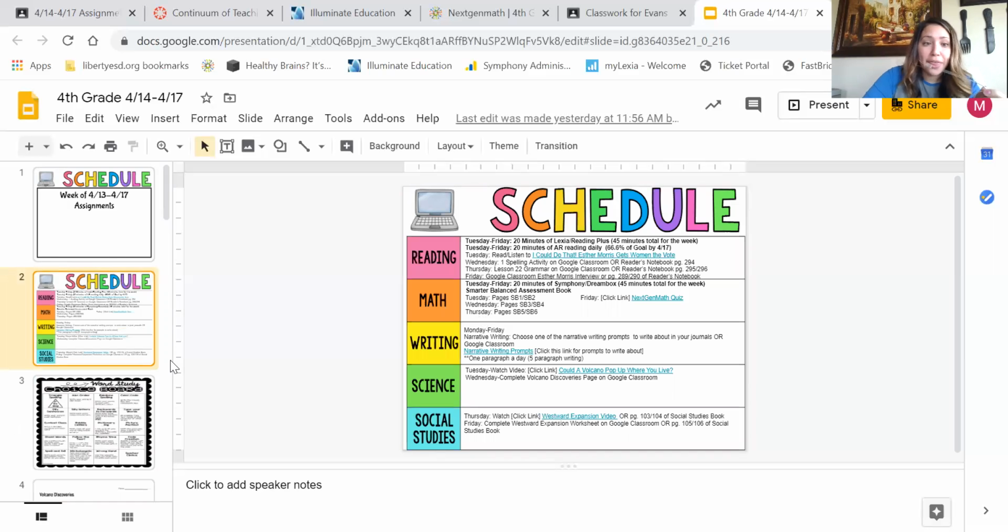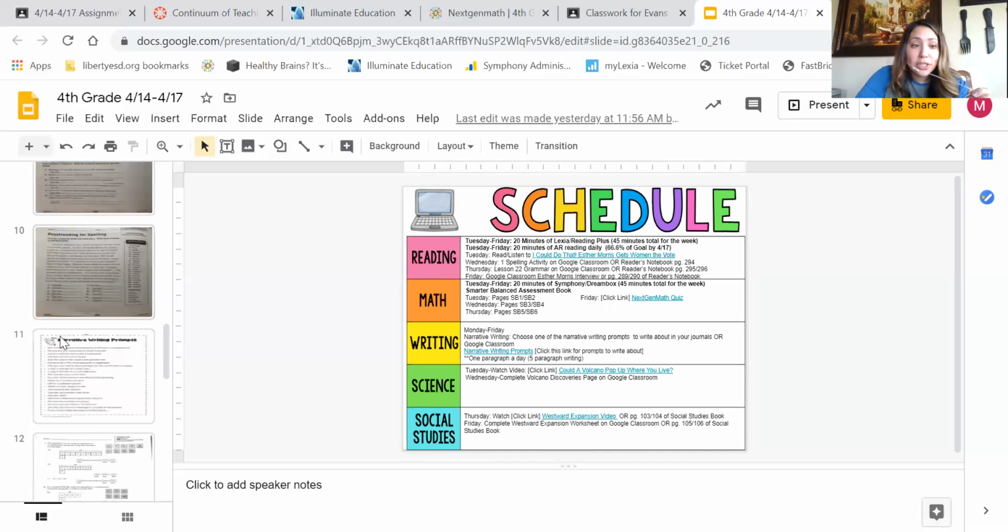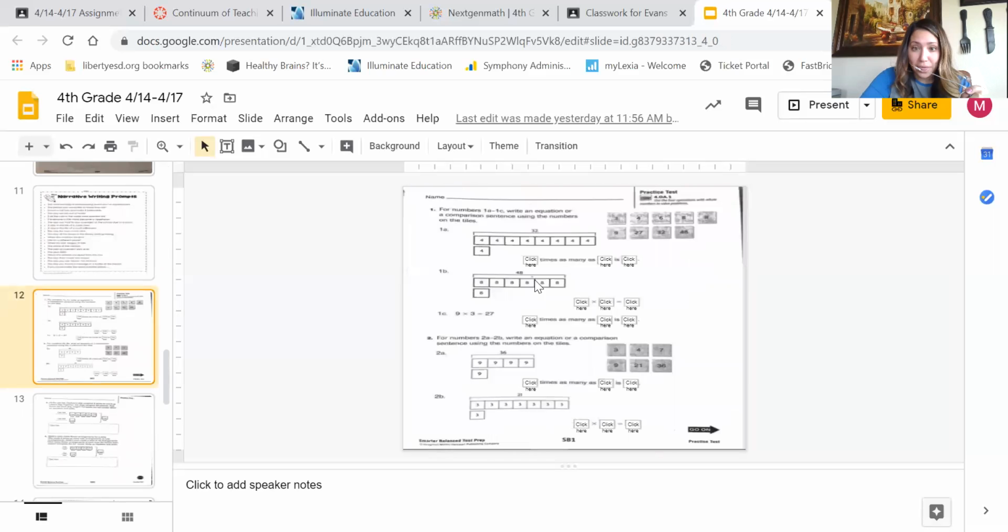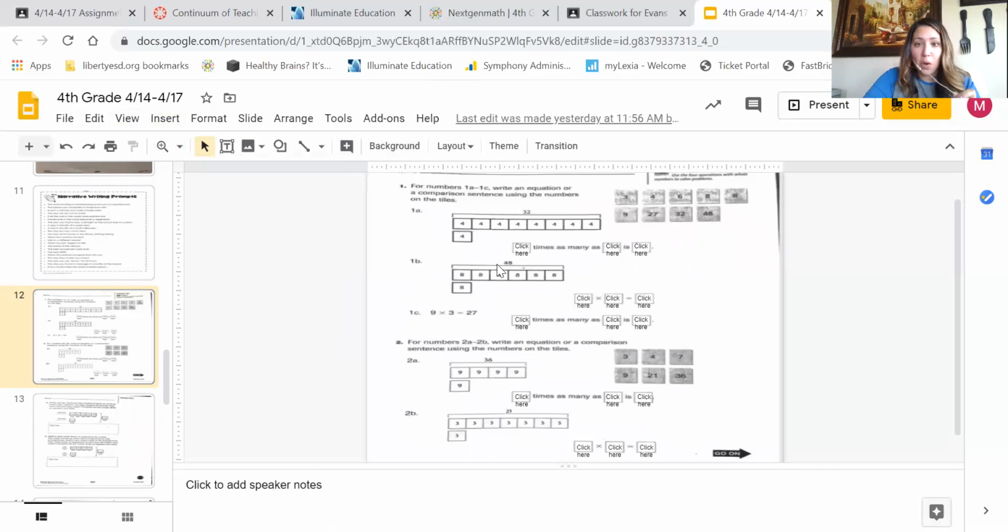Okay, math. I know some of you are going to have questions about math. Let me zoom in here. Okay, so it says for numbers 1A through 1C, write an equation or a comparison sentence using the numbers on the tiles.